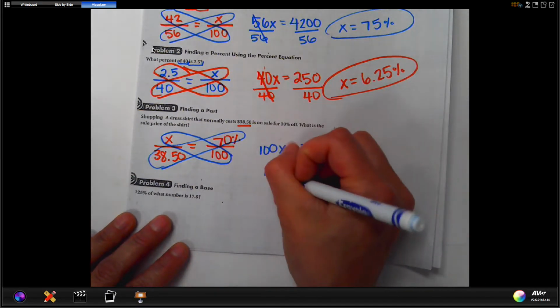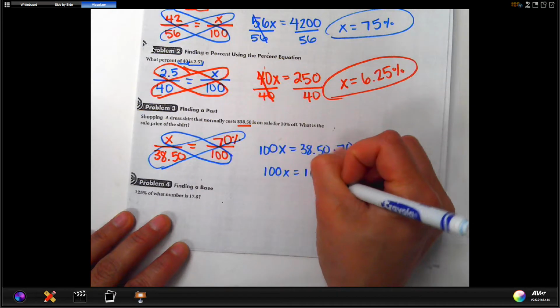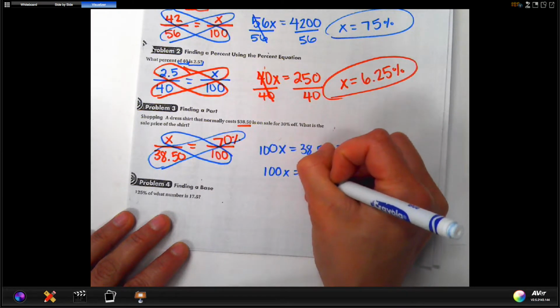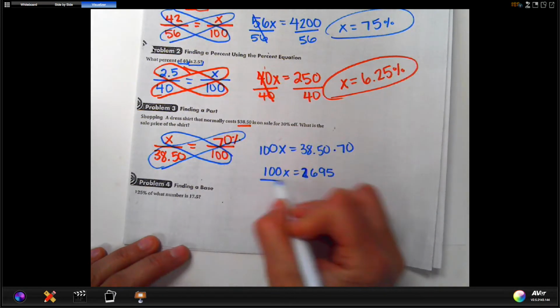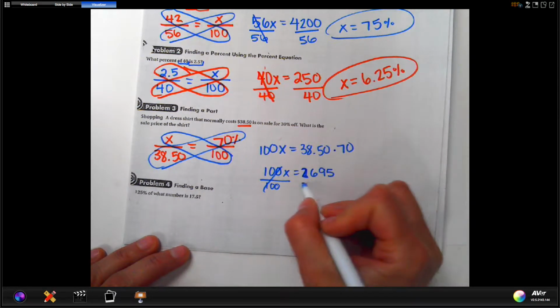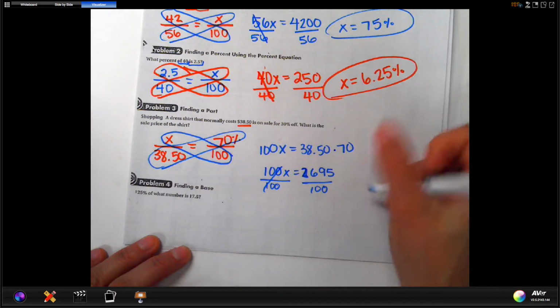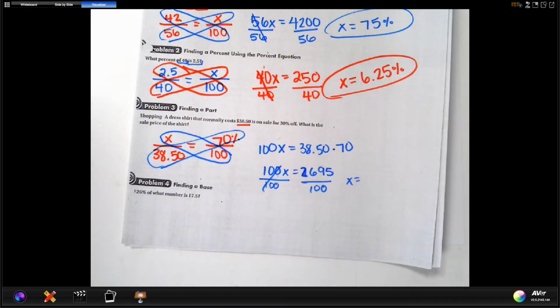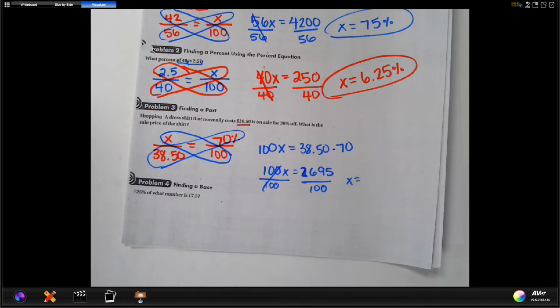Okay, so 100x equals 2,000, thank you, 2,695. All right, and then we divide by 100 to cancel that out and to get our final cost. What is it? 2,695 divided by 100. 26.95.